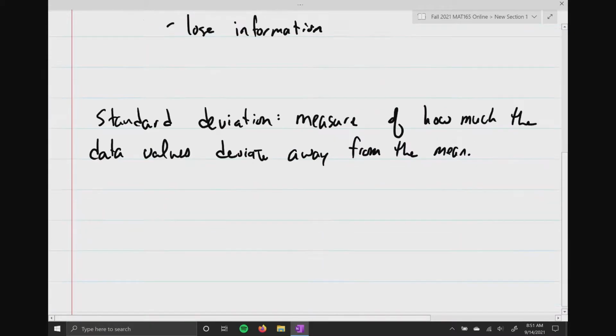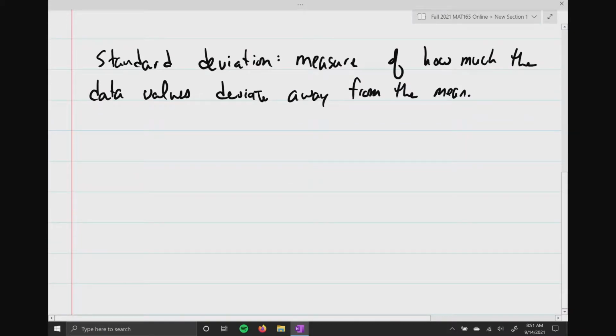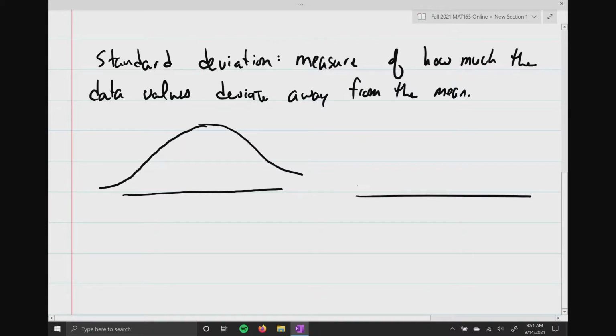Before I give you the formula, I want to show you a picture. So here we have two bell-shaped curves, and they vary differently.